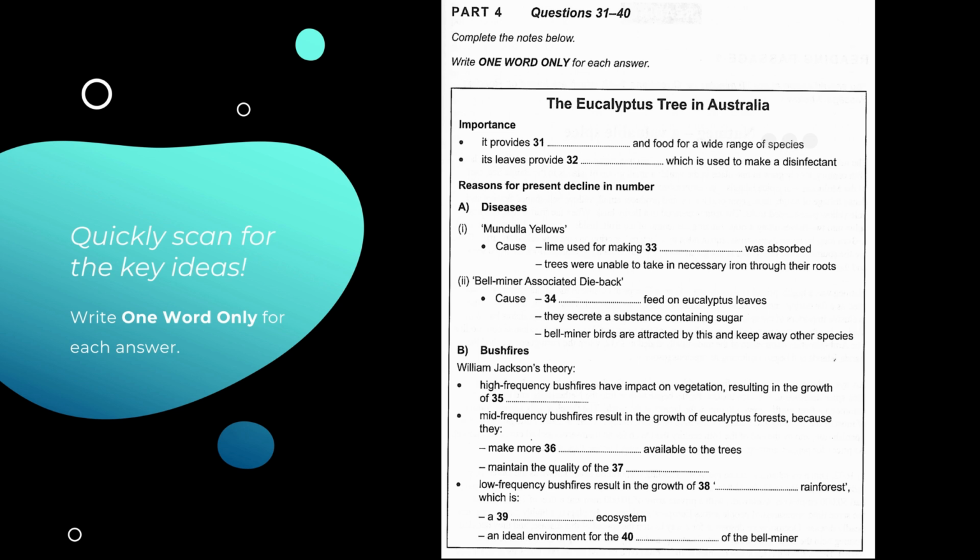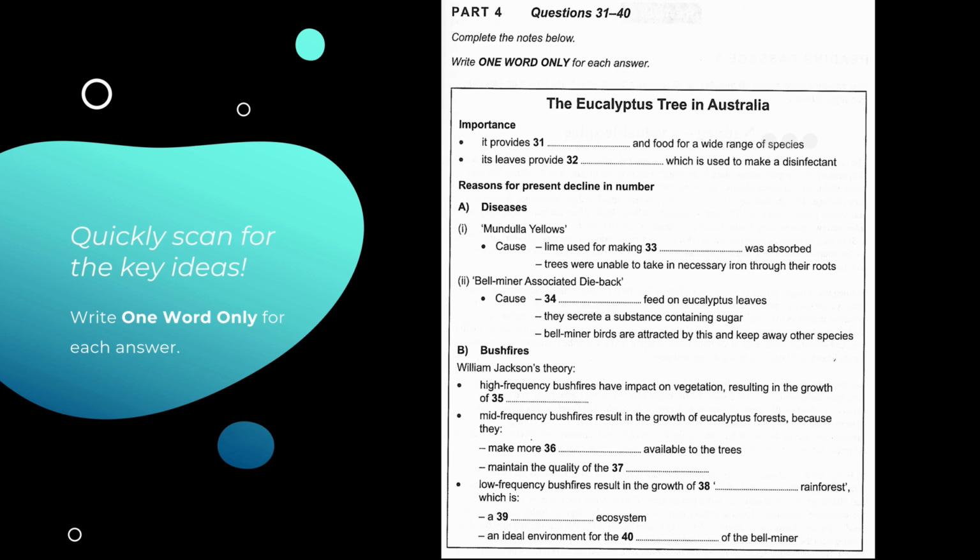It wasn't until 2004 that they found the cause of the problem was lime, or calcium hydroxide, to give it its proper chemical name, which was being used in the construction of roads. The lime was being washed away into the ground and affecting the roots of the eucalyptus trees nearby. What it was doing was preventing the trees from sucking up the iron they needed for healthy growth.